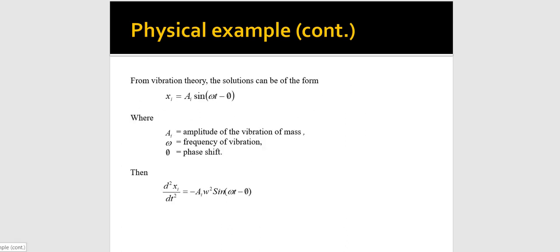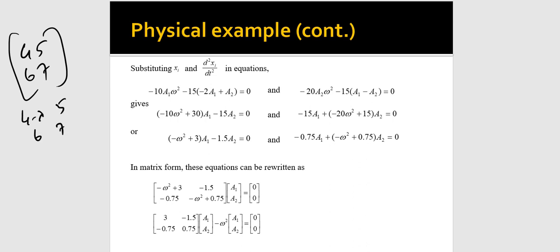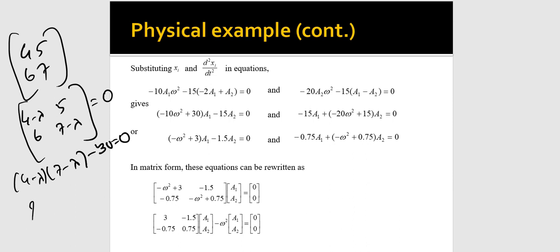So let me give you a smaller and easier example in matrix format, like 4, 5, 6, 7. What is the eigenvalue of it? So 4 minus lambda, 5, 6, 7 minus lambda, and put this determinant equal to 0. This is the easiest way. So now (4 minus lambda)(7 minus lambda) minus 30 equal to 0.